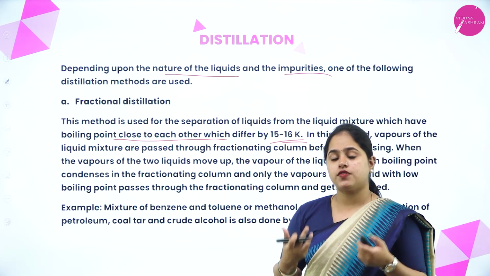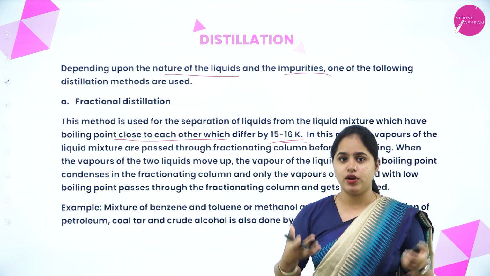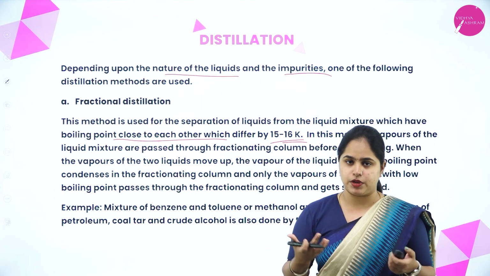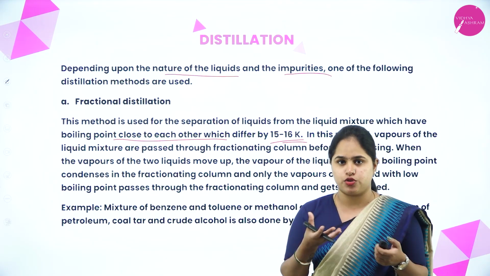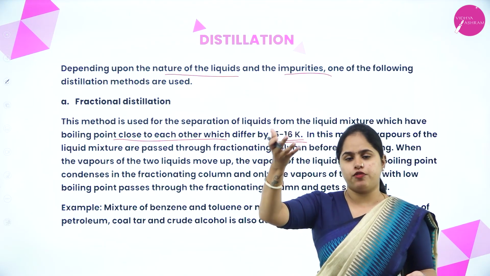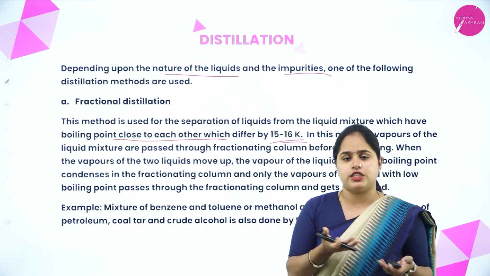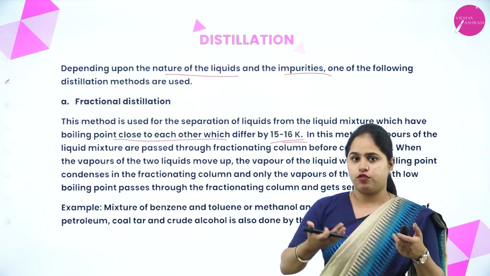Okay, so we use this fractional distillation method for a liquid mixture if both of them are liquid and both of them are volatile. That means both of them will get converted into vapor phase. If the boiling point difference is there, we can easily separate them. If the boiling points are very close to each other, it will be very difficult to separate them, because both of them are volatile.